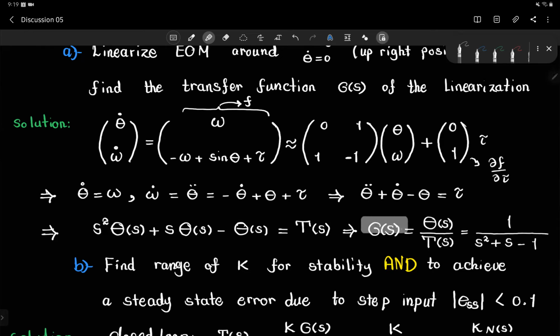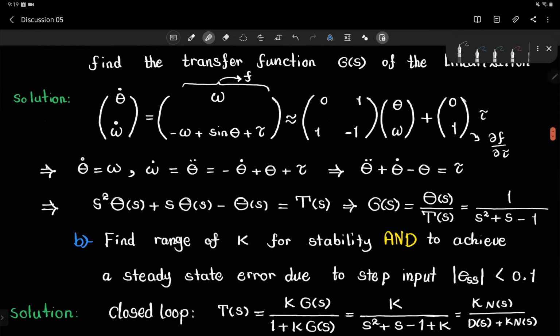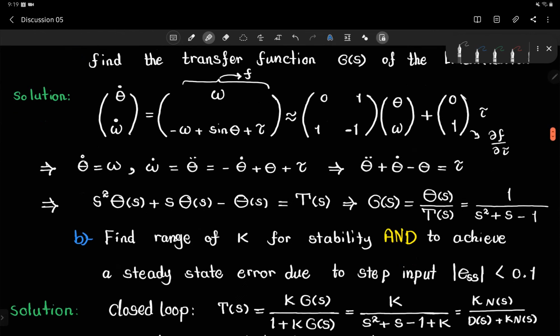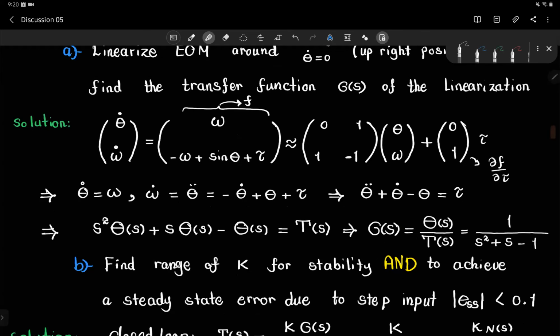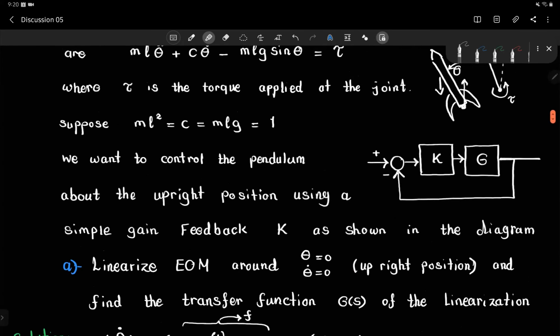Okay, so now we have G of s, which is the transfer function of our system. We would like to find the range of k for stability of the closed loop system, when we close the loop on this using the value k.